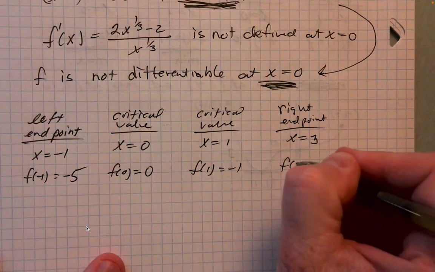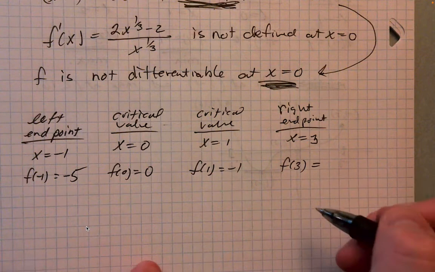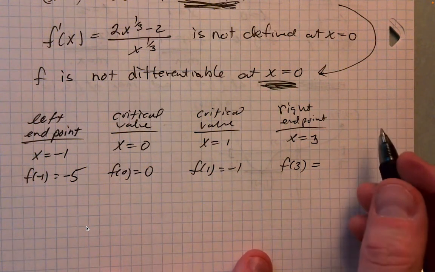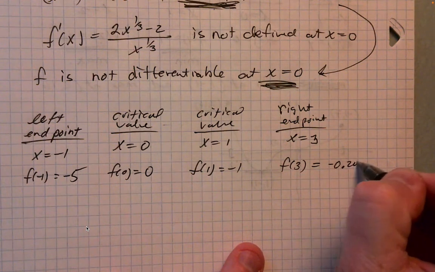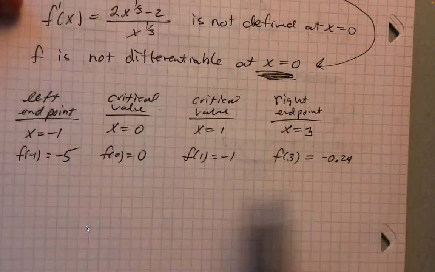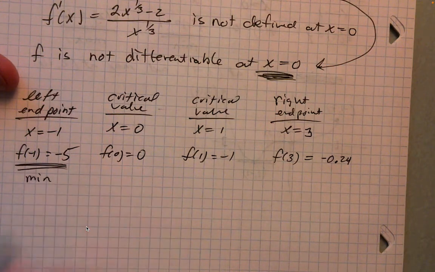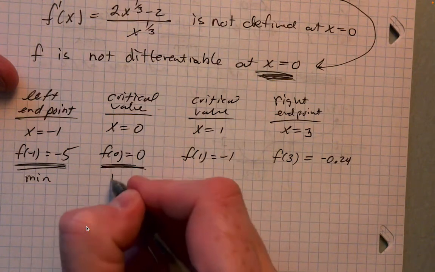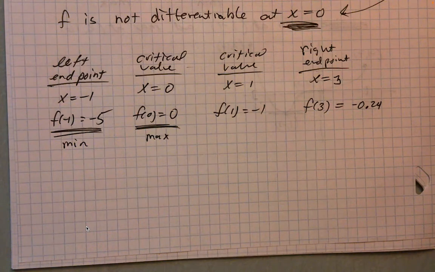And finally, when you plug 3 into the function, you get a decimal number or a rational number, depends on how you evaluated it, but 0.24, we'll say something approximately like that. So you can easily look at this and say, okay, the minimum is here. The maximum, it turns out, is here.